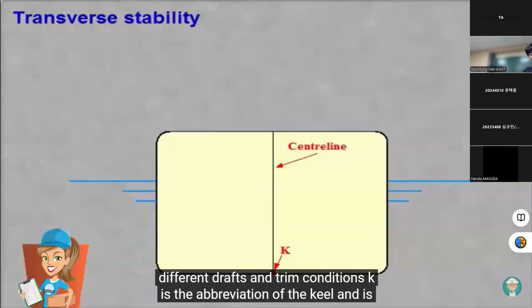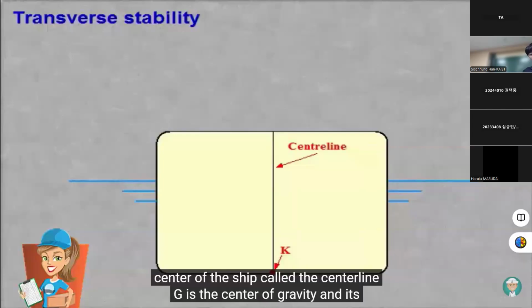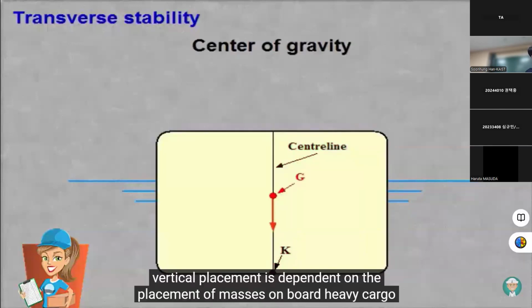K is the abbreviation of the keel and is always at the same place. This is on the constructed line going through the centre of the ship, called the centre line. G is the centre of gravity, and its vertical placement is dependent on the placement of masses on board.